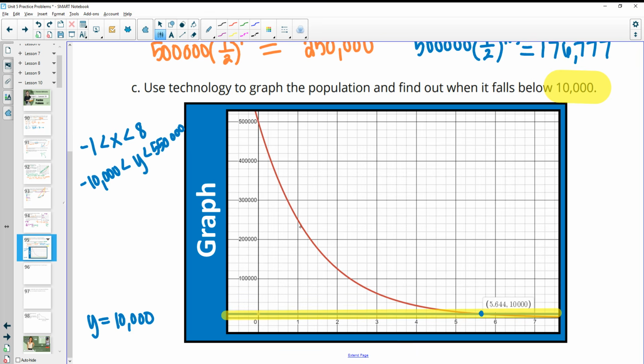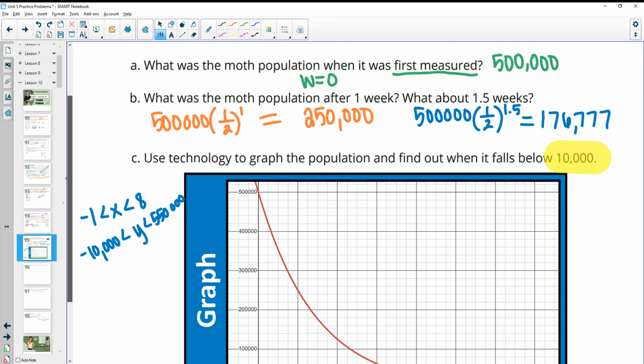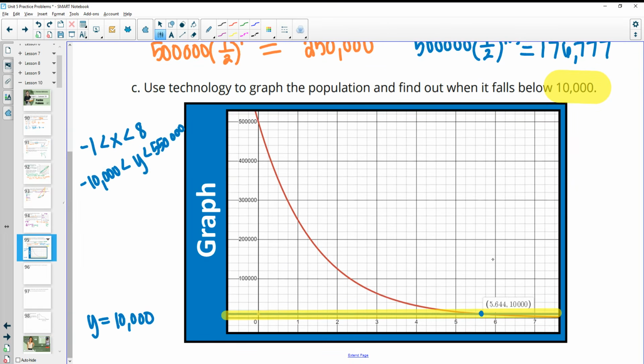So where does this exponential graph hit 10,000? And that's at 5.644. And what was this? Weeks. So after 5.644 weeks, then the population would dip below 10,000.